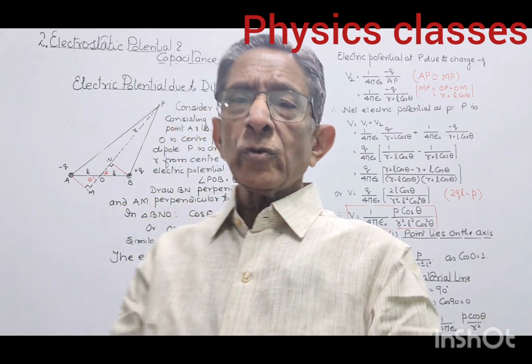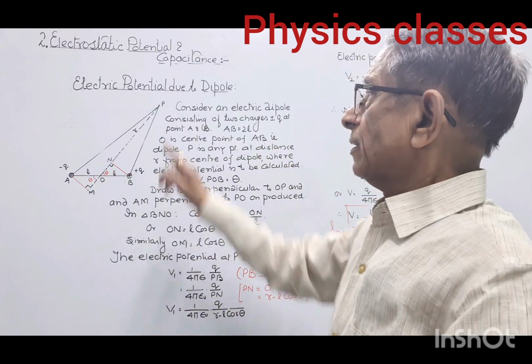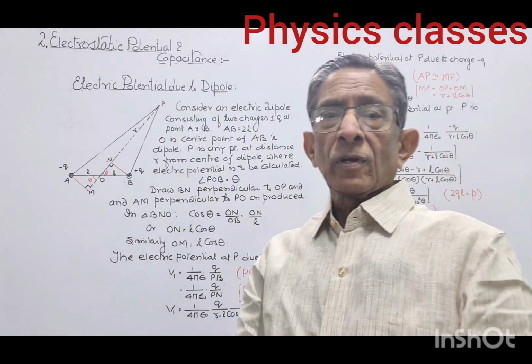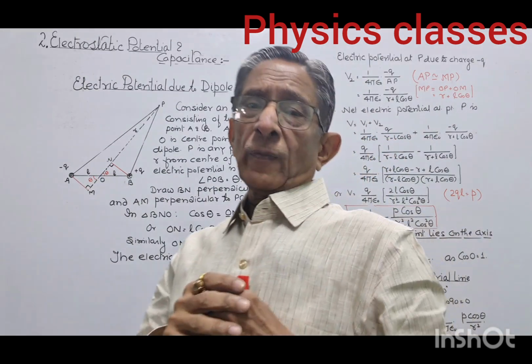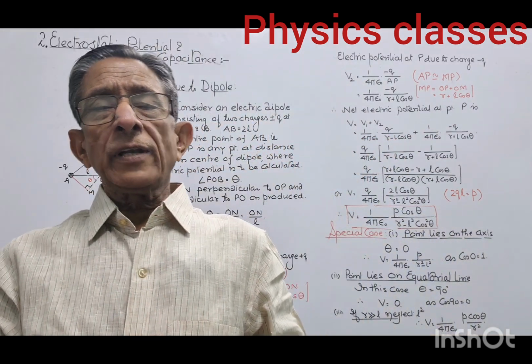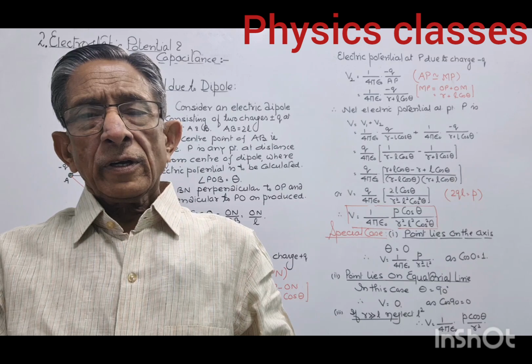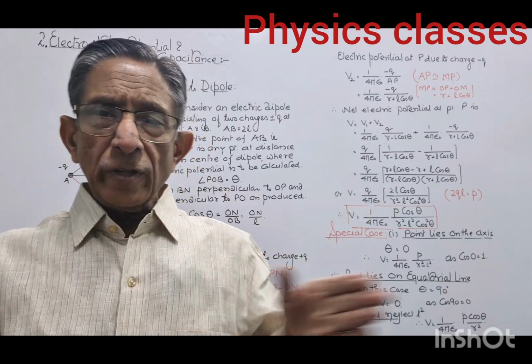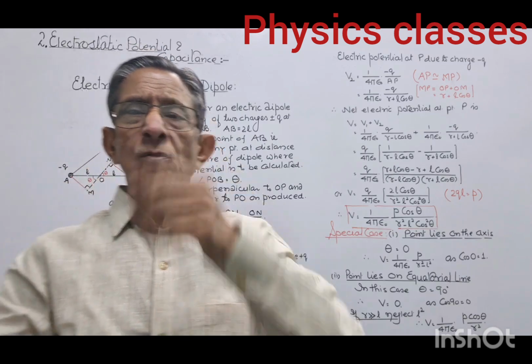Today I am going to start the topic electric potential due to dipole. Students, due to dipole, we can calculate electric potential in two positions like electric field, either on the axis or on the equatorial line.